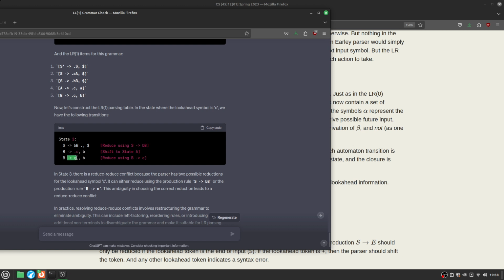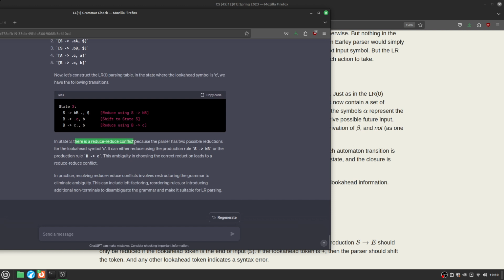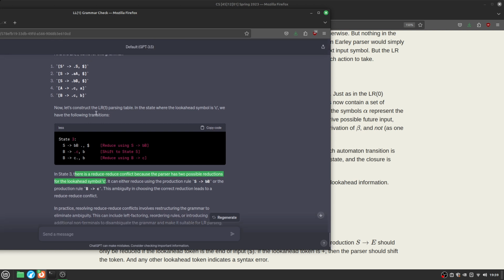That makes sense, so we shift over here. Reduce using B to C. But in state 3 there is a reduce conflict because the parser has two possible reductions for the look-ahead symbol C. Oh, okay. Gotcha.